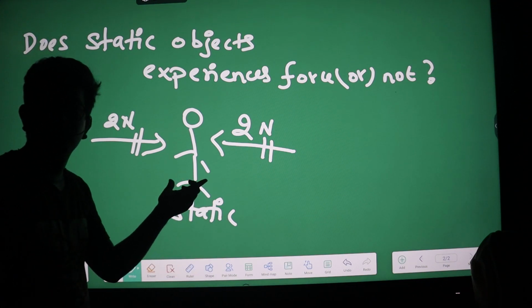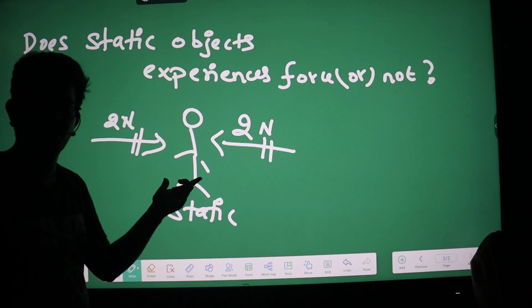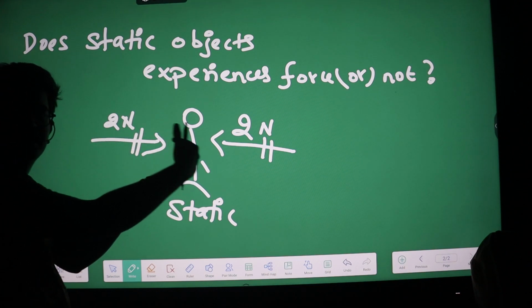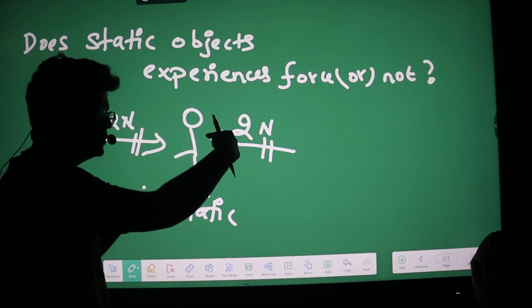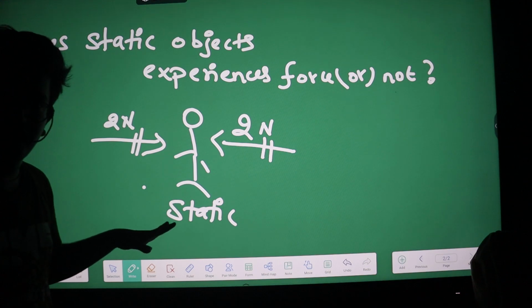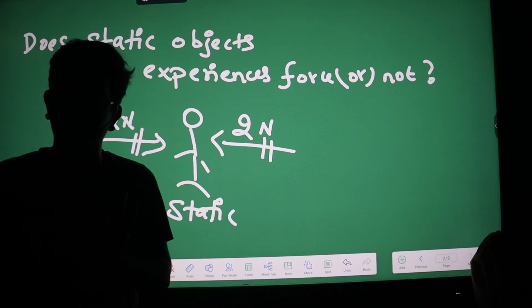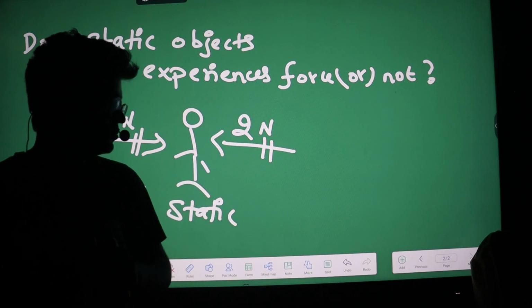Does this boy experience a force or not? For sure this boy is experiencing a force. I applied 2 Newton in this direction and then 2 Newton in the opposite direction. As the forces are equal and opposite, this boy is at static. So from this explanation you would have understood, for any object to be in the static state, there will surely be equal and opposite force, right?